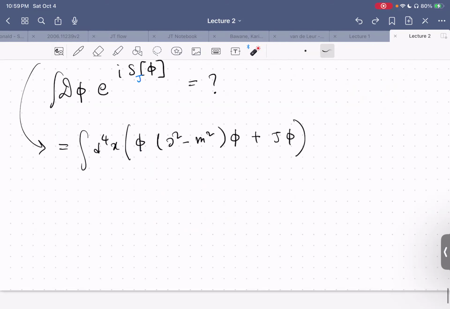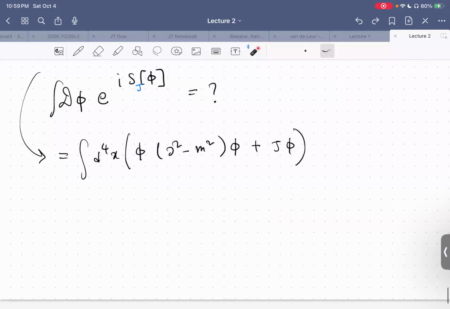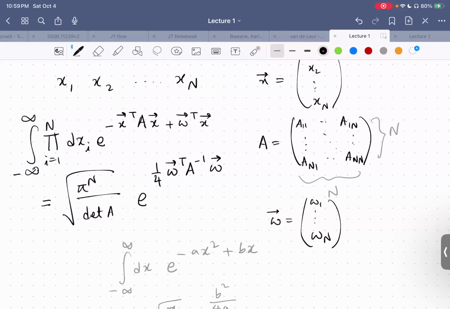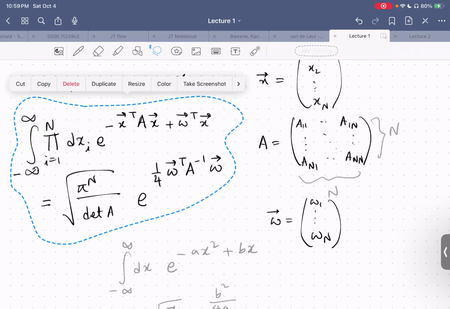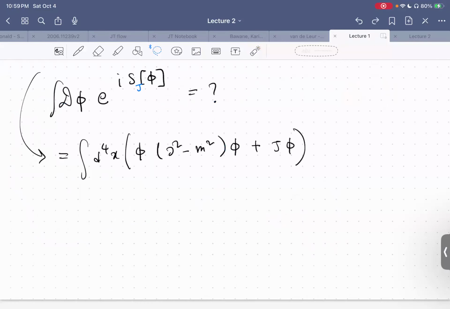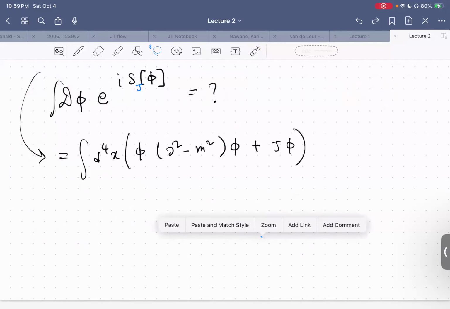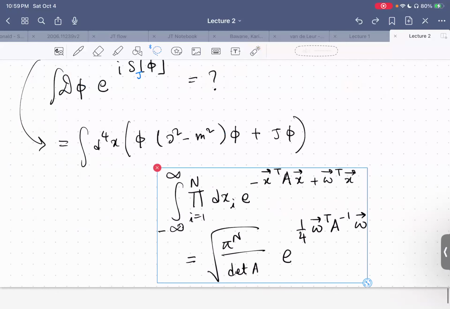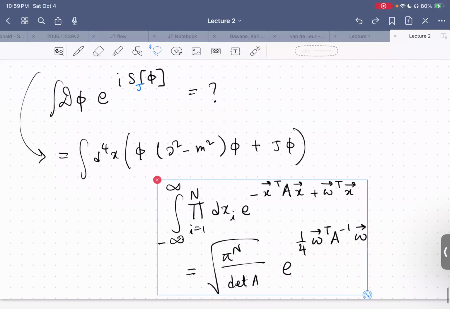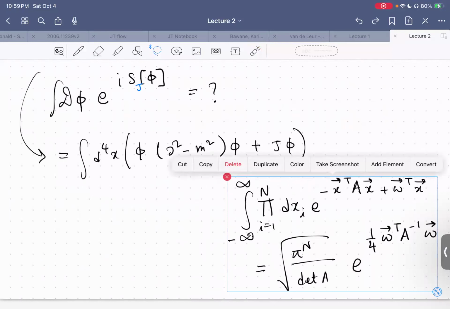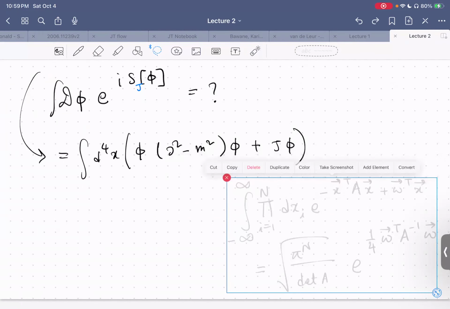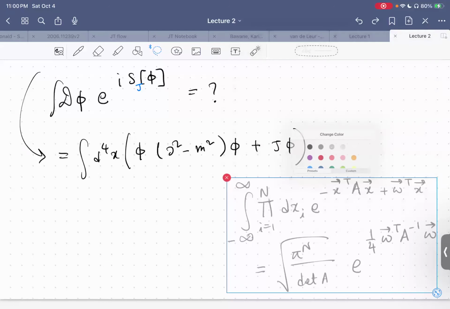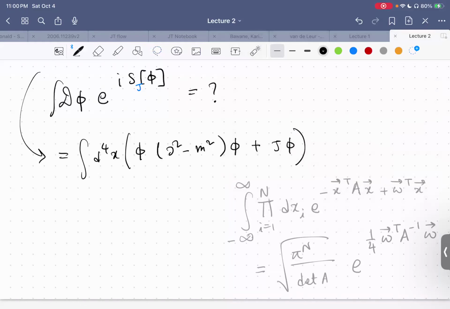And so basically, let me copy this formula. So this will be our reference. All right.